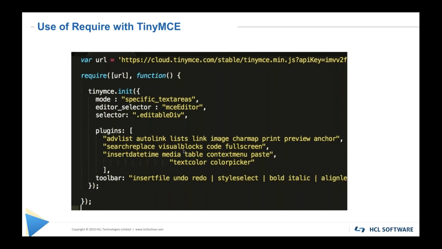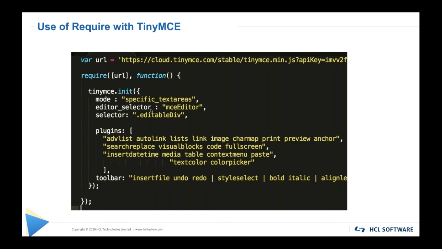So it initializes TinyMCE. I give it some parameters around the mode, the editor that I want, the selector there, which is the div, the HTML div ID on my canvas, and then I've got some plugins that I'm loading, and this goes on. But it's fairly simple to bring this in and make it pop up in an application.